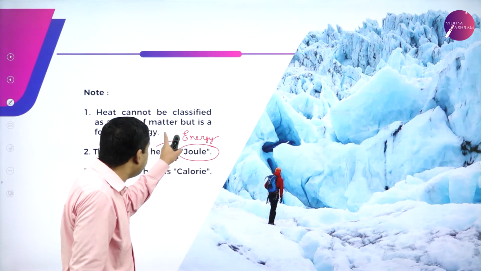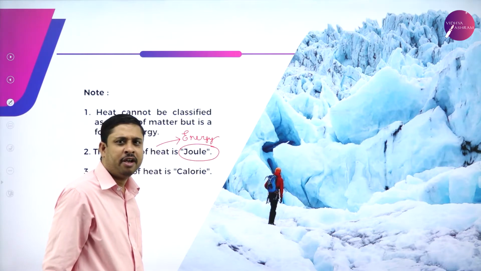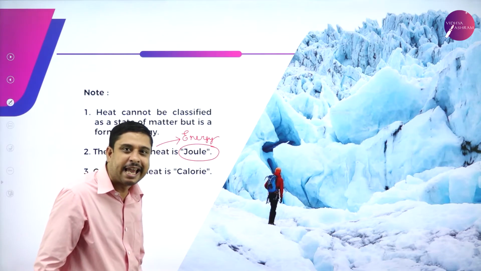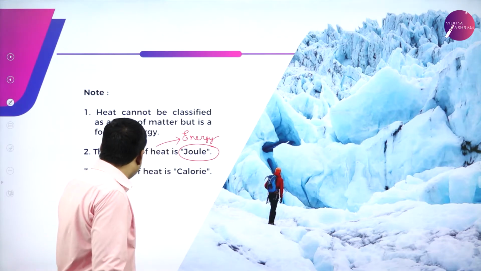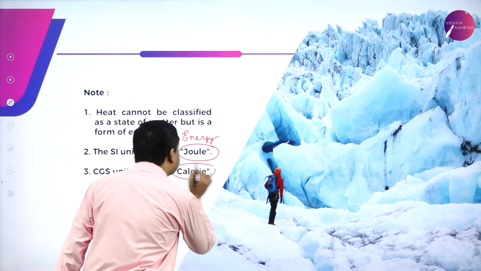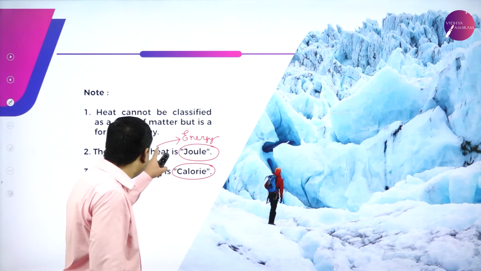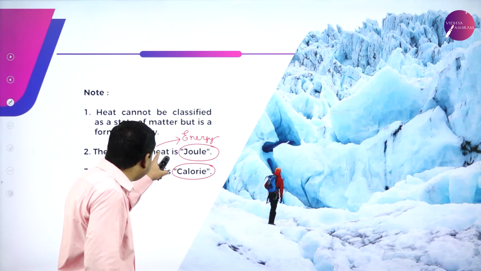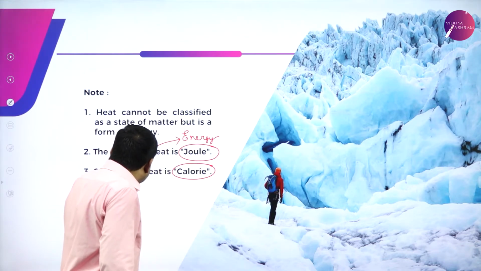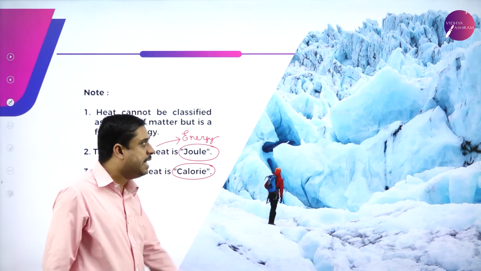Therefore, the SI unit of energy is joule, so you say the SI unit of heat energy is joule. And the CGS unit of heat is calorie. Very simple, right? SI unit of heat is joule. CGS unit of heat energy is calorie.